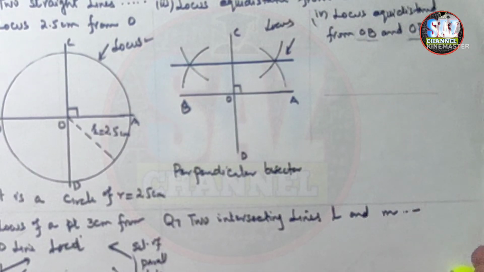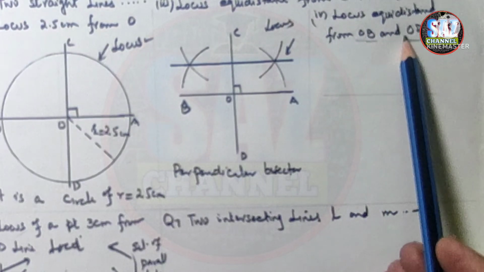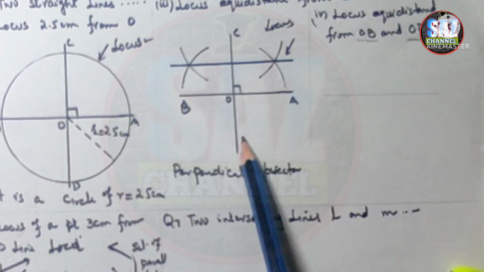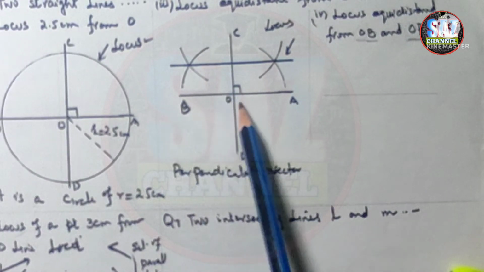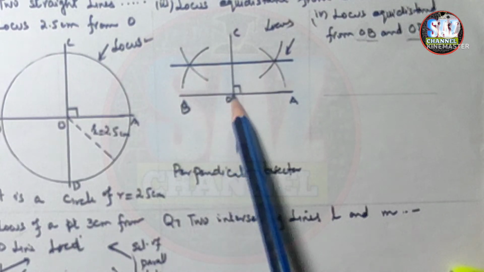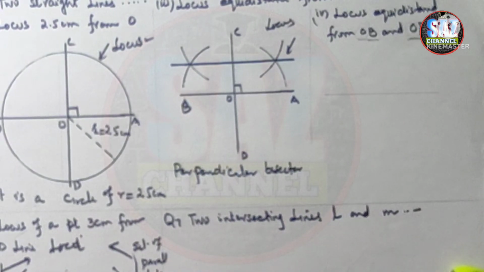We have to construct the angle bisector of which vertex, angle O, and we have to locate the place where that bisector will be equidistant from OB and OD. So, it means we have to construct the angle bisector of this angle. So, first let me draw 2 suitable lines.